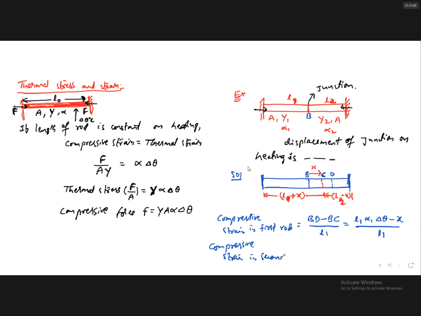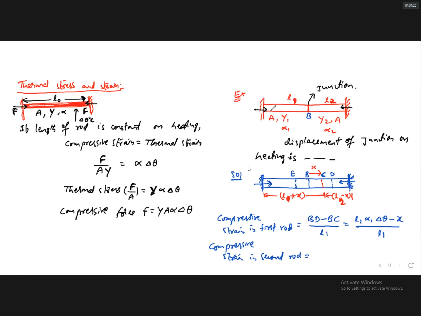And similarly, the compressive strain in the second rod. The compressive forces are acting on the first rod as well as the second rod, due to which it will compress. For the second rod, the length of the rod initially is L2.